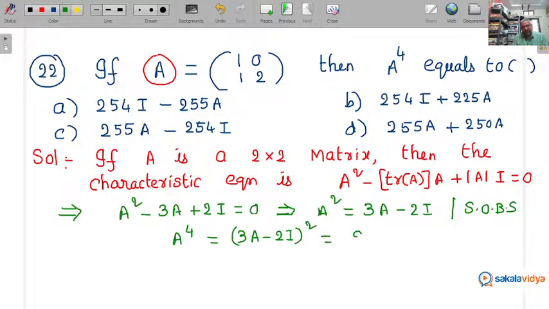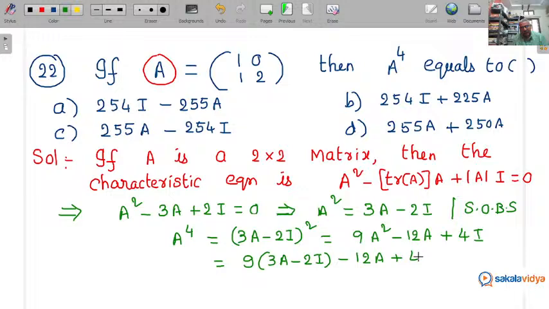This is equal to, you get 9A square minus 2 3 is 6, 12AI means 12A, plus this will be 4I square means 4I. This much you will get. And next, my dear students, you remember one thing, again A square value, in the place of A square you can write 3A minus 2I. That is 9 of 3A minus 2I minus 12A plus 4I. Clear?